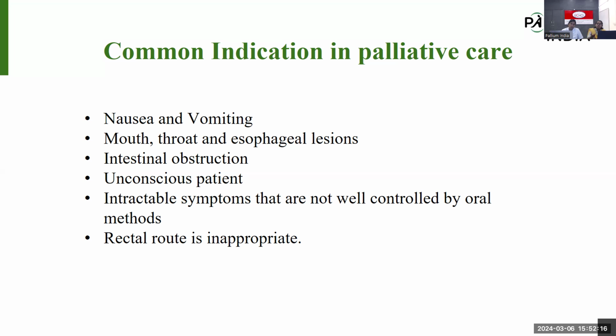If you choose the subcutaneous route, you have to tell them why you are choosing it, and make them understand that slight edema is normal. Edema will be there, that is normal, and it will be absorbed gradually. That edema will subside gradually because here it is a diffusion technique.